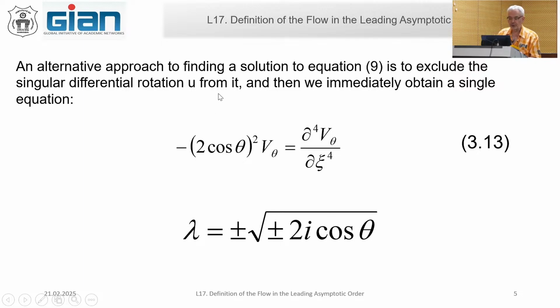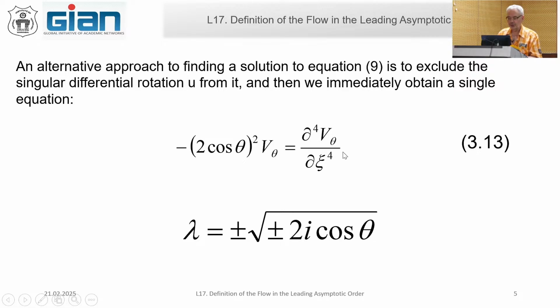An alternative approach to find a solution to equation 9 is to exclude the singular differential rotation u from it, and then we immediately obtain a single equation. Previously we solved two equations, each of second order. But there is also a simpler way, which we choose: putting one equation into another, so eventually we get a fourth order equation.